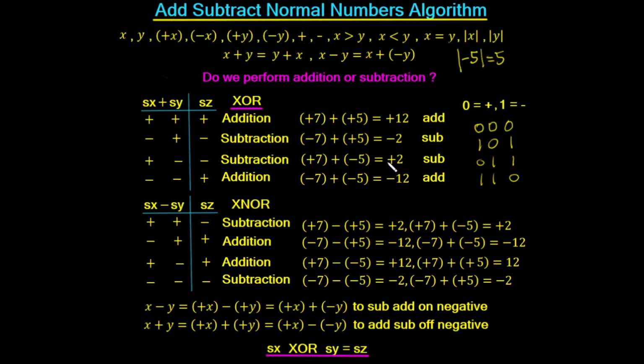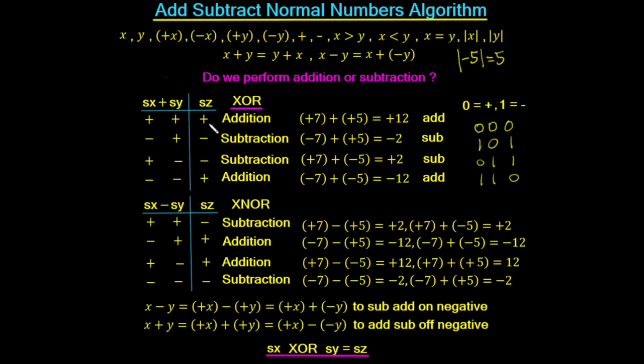The sign of the answer is positive and positive, negative and negative. And the same thing for this table here. The sign for the answer is positive, positive, negative, negative, positive, positive, negative, negative. So we can find the sign of the answer just from the sign of x.